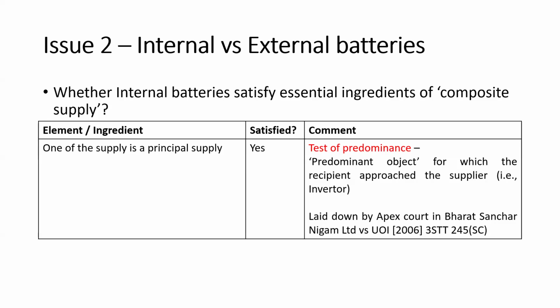But can we make the same distinction for a UPS? A UPS, what does a UPS do? A UPS switches from stored power to mainline power and vice versa whenever the mainline power is interrupted.